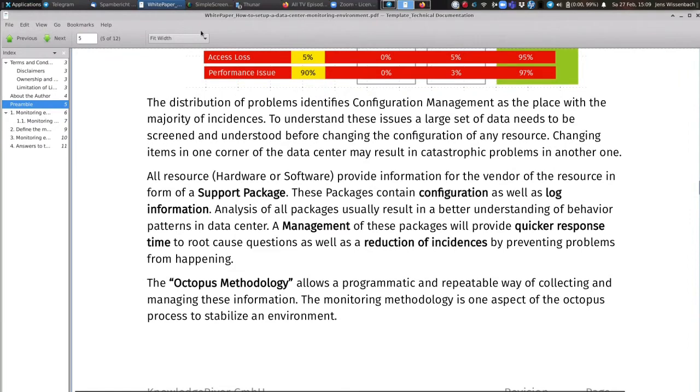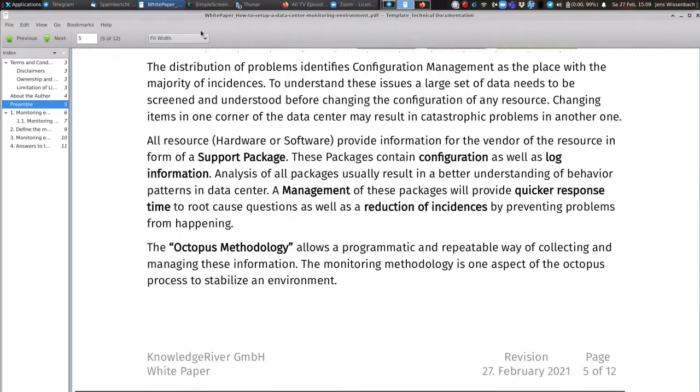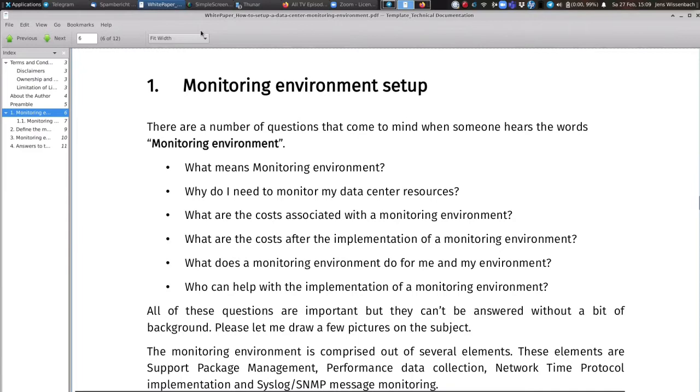Now, in here we will discuss the monitoring of an infrastructure, and monitoring is of course a wide area. There are usually a number of questions that customers ask, and we will try to answer them at the end of this document.